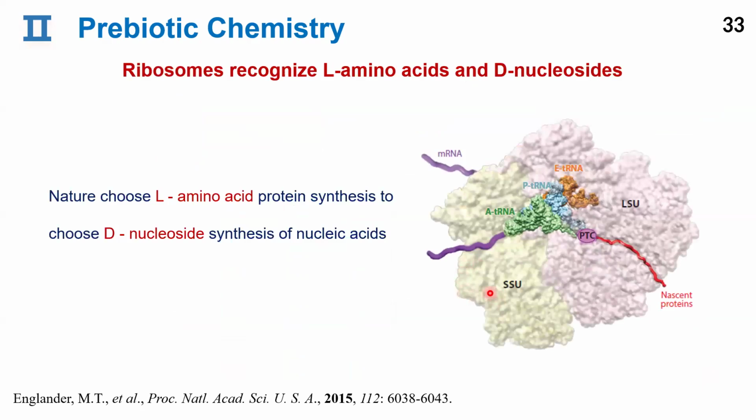Nature established a perfect chiral partnership, L-amino acids for proteins and D-nucleosides for nucleic acids. And the ribosome acts as a gatekeeper that enforces this molecular rule.